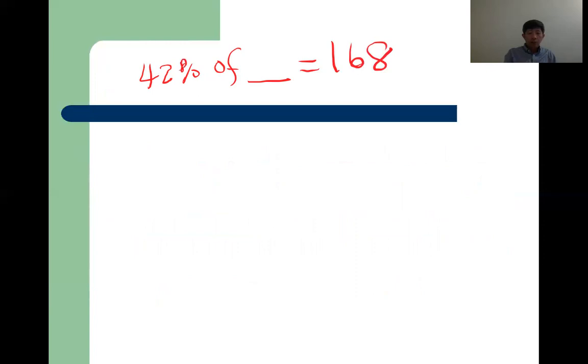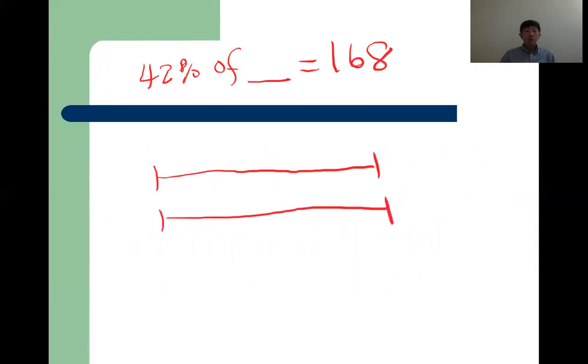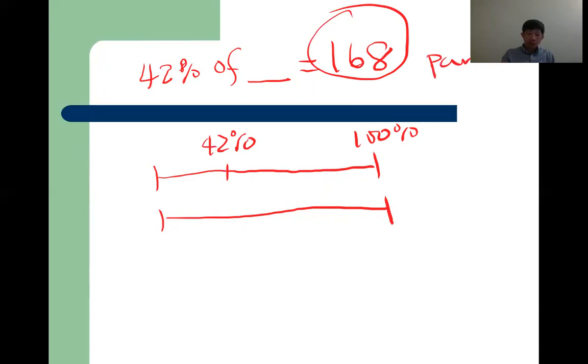Again, here is method 3, the segment method. So 100% right here, and 42% right here. Now 168 is a part or whole? This is a part, so the part will be right here, 168.